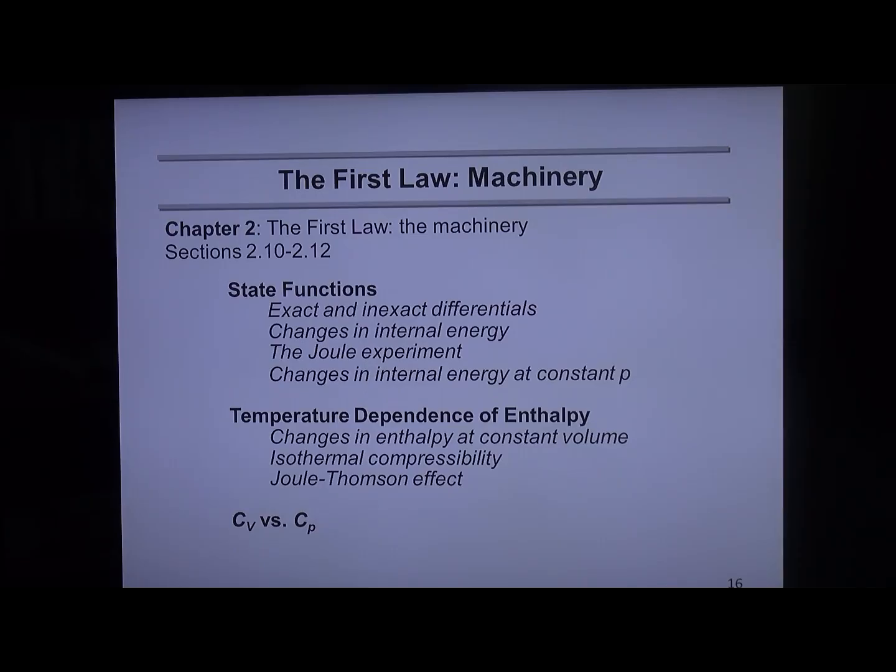So we have learned the first law of thermodynamics: delta U is equal to Q plus W. We have learned how to calculate the amount of work for various expansion processes, right? We also learned how to determine the amount of heat, the enthalpy, for constant volume or constant pressure processes. We have learned internal energy and enthalpy. Both of them are state functions.